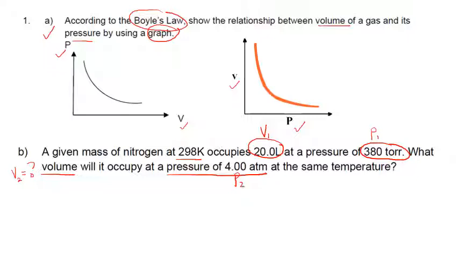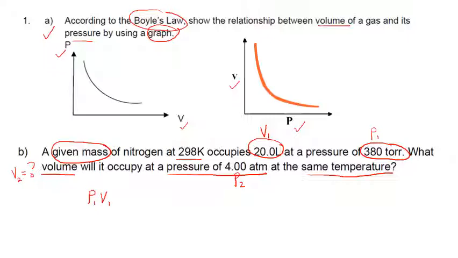This is P2 at the same temperature. Again, a given mass means that they have a fixed amount of gas and the same temperature. That means both the amount of gas and the temperature of the gas are constant. So we are going to apply Boyle's law, which involves calculation.